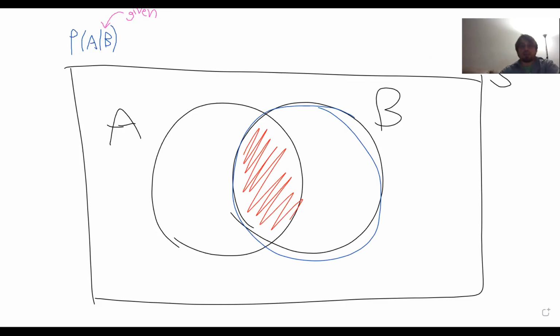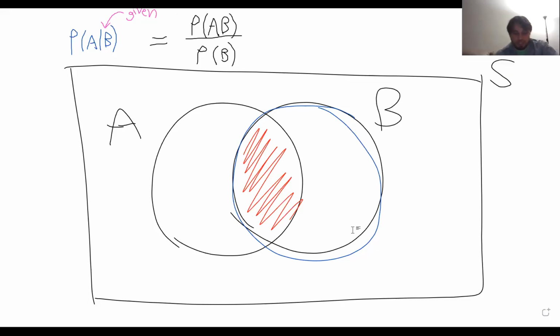That's why this is equal to the probability of A intersection B, probability of AB, divided by the probability of B. Because now you're only living in the space B, and you're asking what's the likelihood of A happening given that you're in B. The given event is to the right of the vertical line. That's the condition, and that's why it's called a conditional probability.